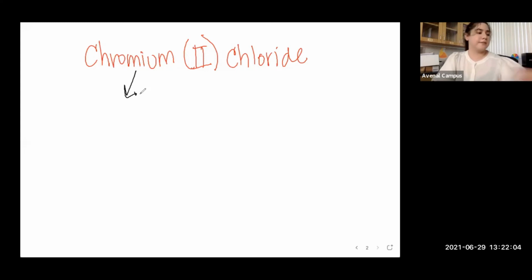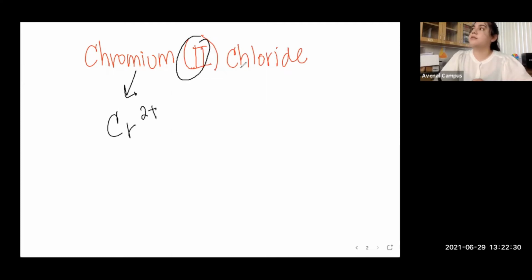It's a transition metal. So therefore, is the periodic table going to tell us what charge it is? No. How do we know the charge of this one? Right, because of the Roman numeral. So in this case, this chromium is a what charge? It's a 2+, right? Because that Roman numeral tells us there.